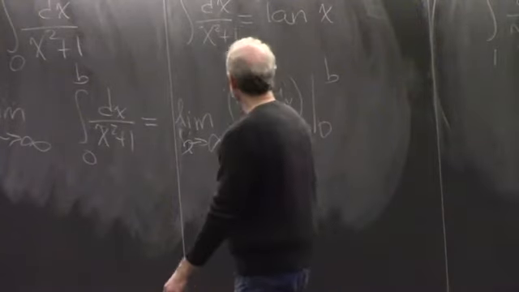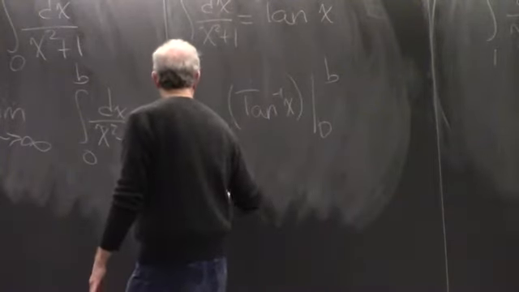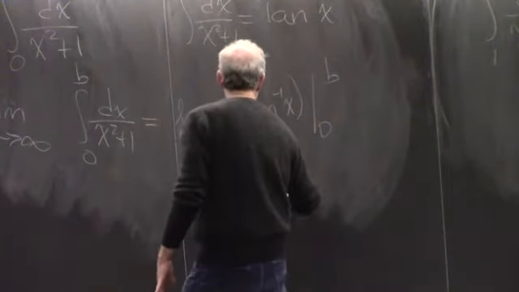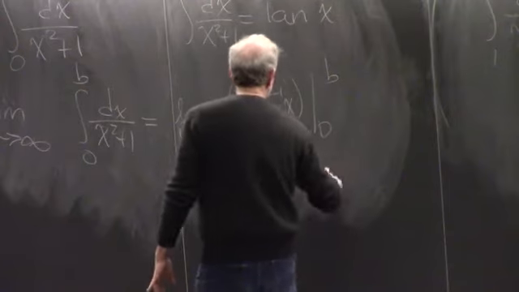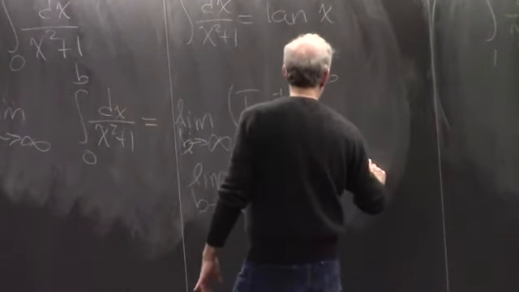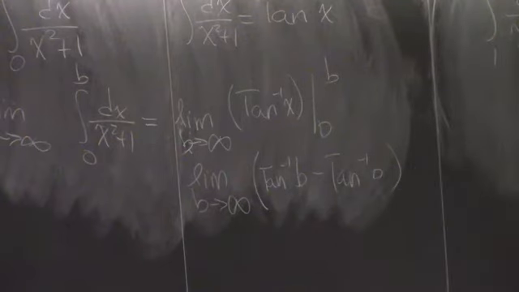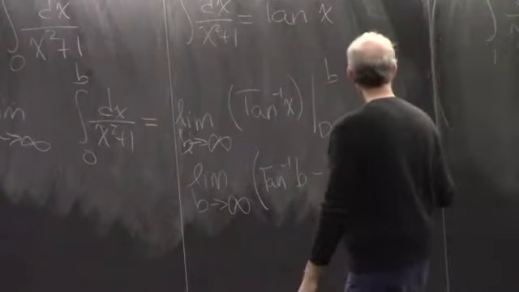Okay. So that's the limit as b goes to infinity, tan inverse of b minus tan inverse of 0. Okay, what's the tan inverse of 0? Tan inverse of 0 is 0, because the tangent of 0 is 0, right?